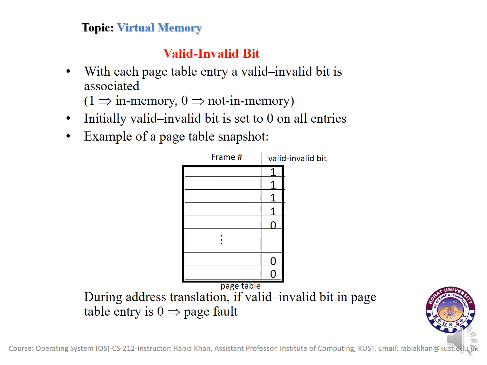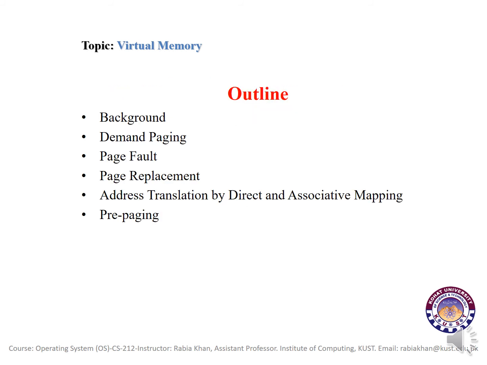Initially, all entries for a process in the page table are set to 0. When address translation happens, and if a referenced page has a 0 bit with it, a page fault occurs. Now, what is a page fault? Next topic of discussion is page fault. So let's see what is a page fault.